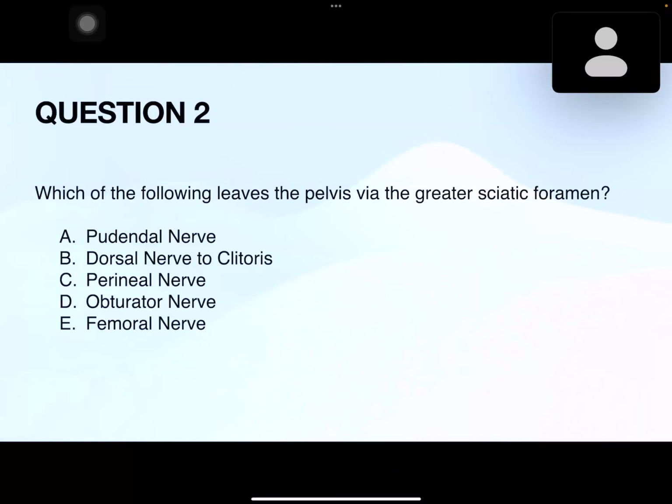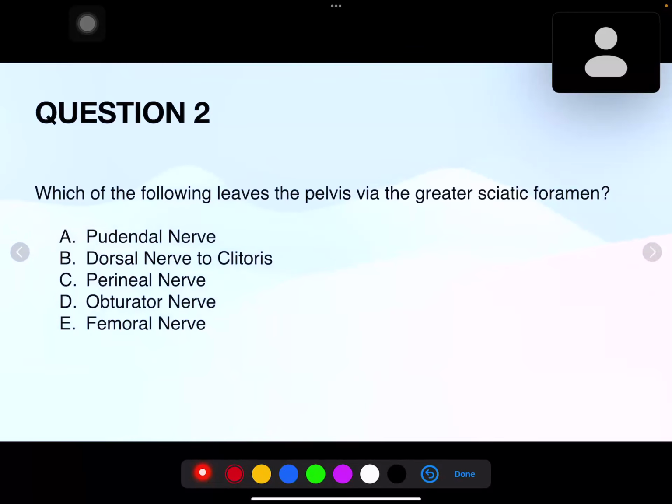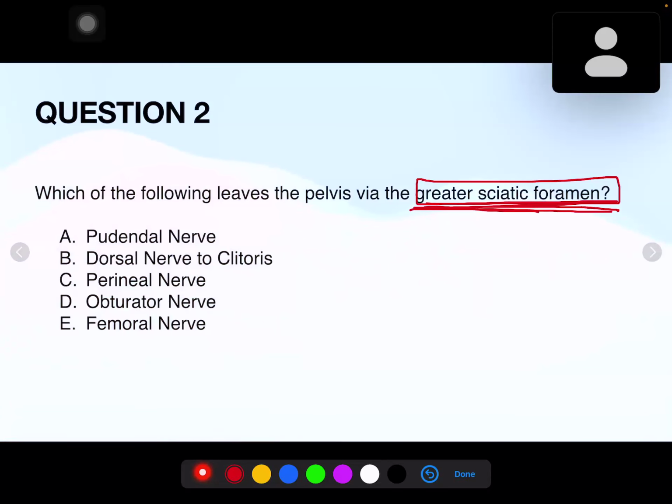Which of the following leaves the pelvis via the greater sciatic foramen? That is a very, very important question. I told you that what enters and what leaves the pelvis through the greater sciatic foramen is very important.